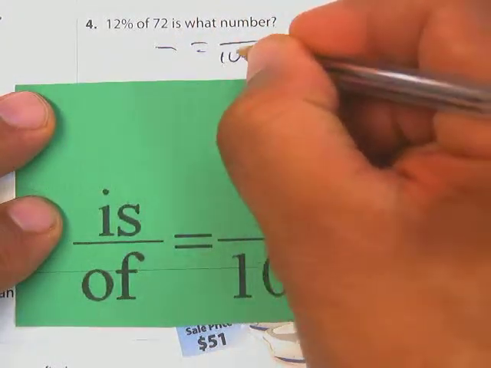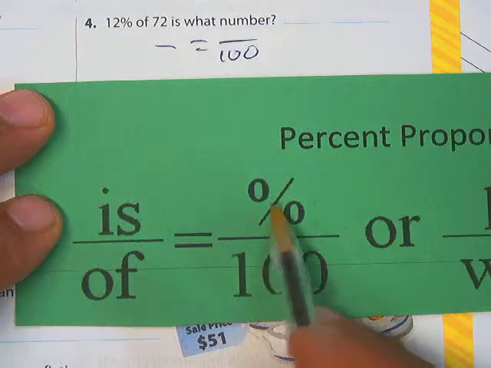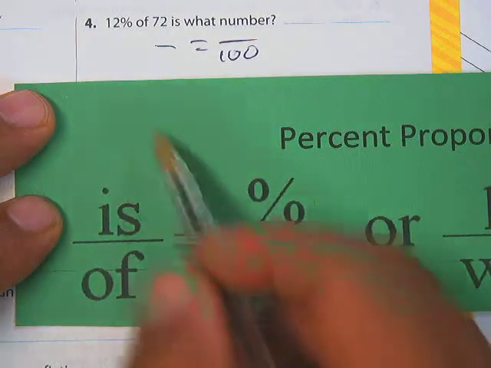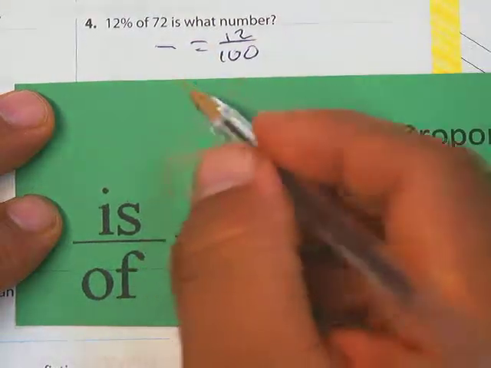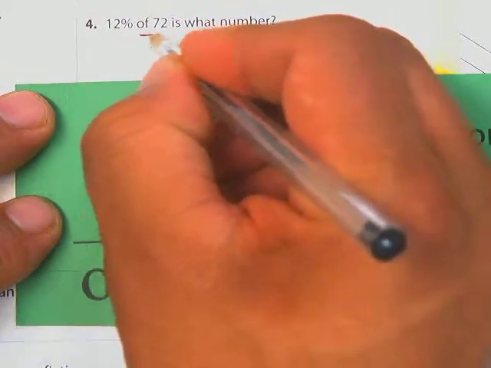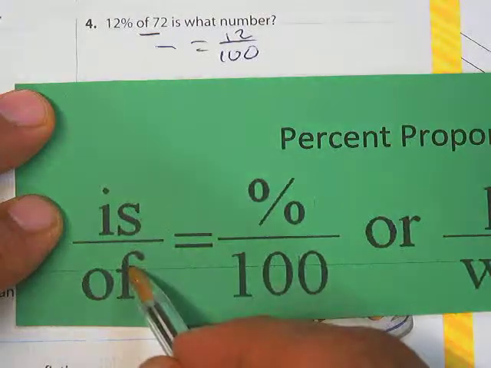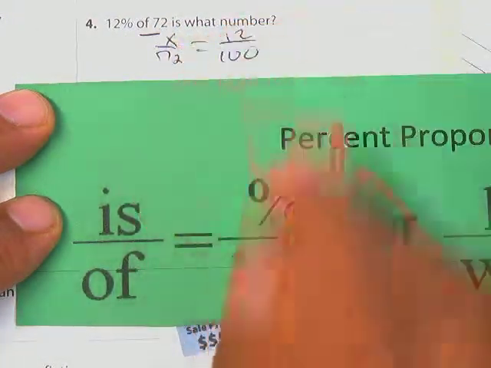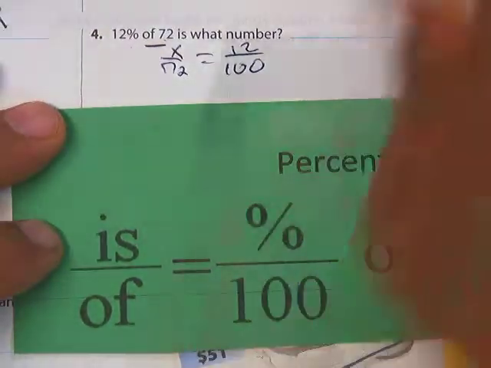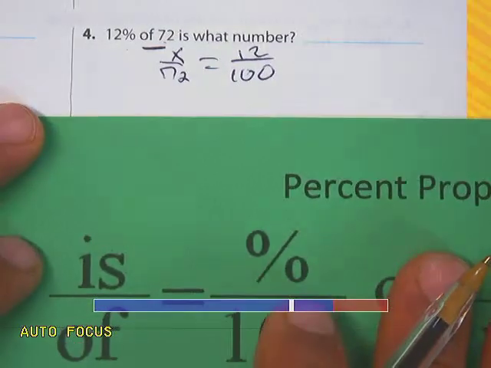So then I'm going to put it, the 100 goes here for sure. And then we have a percent. The number with a percent goes over the 100. Well, that has a percent. So we're going to put here 12. And then of 72. Of is at the bottom. Of, so we're going to put 72. And then we put an X.